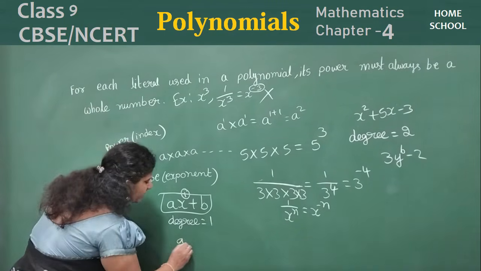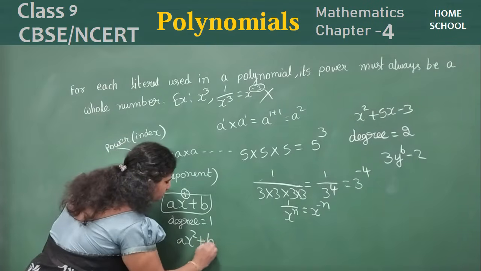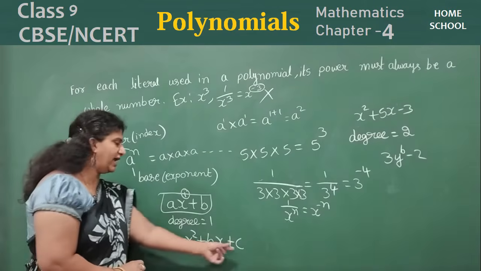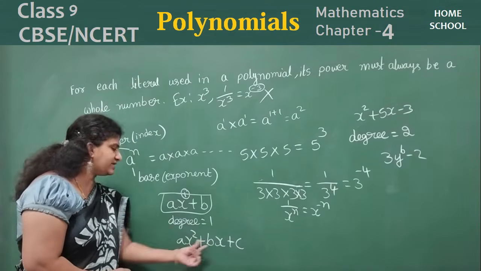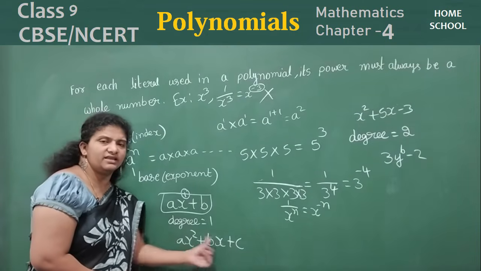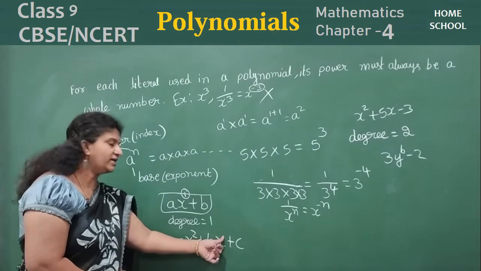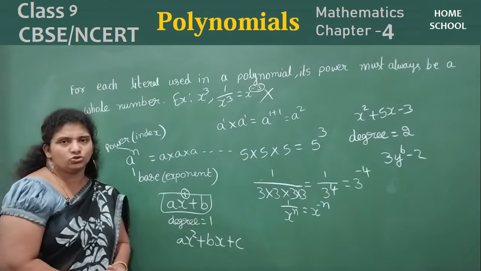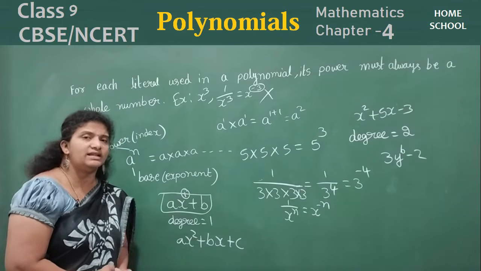Suppose your equation is like this, look here, where a, b are numerical coefficients and c is a constant, x is a variable. These are the constants and these are the variables. So what is the highest power? You can see here 1 and here 2. What is the degree of the given algebraic expression?